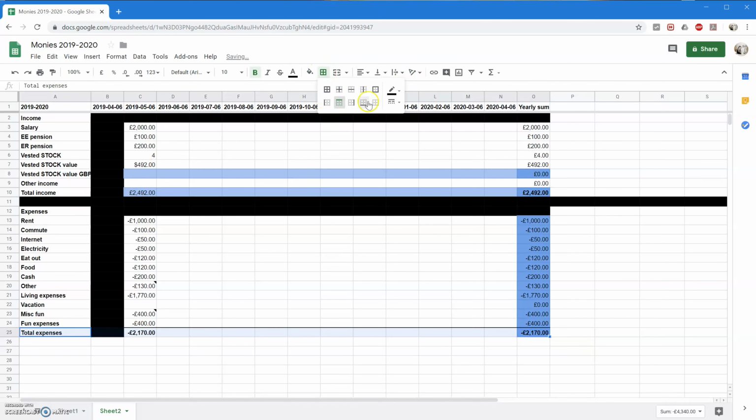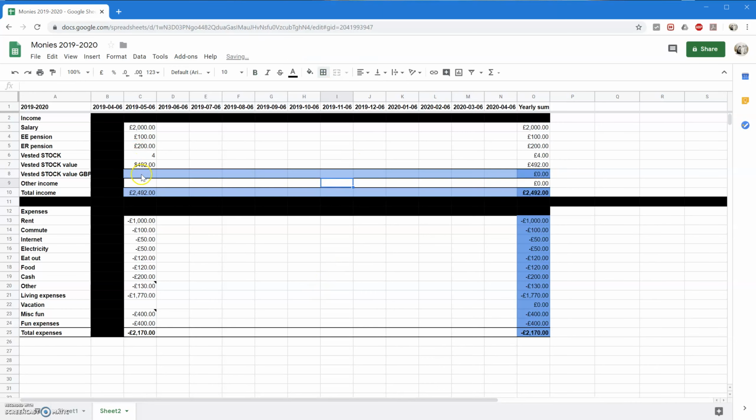Always nice to add some lines. There. What else can we do with income?